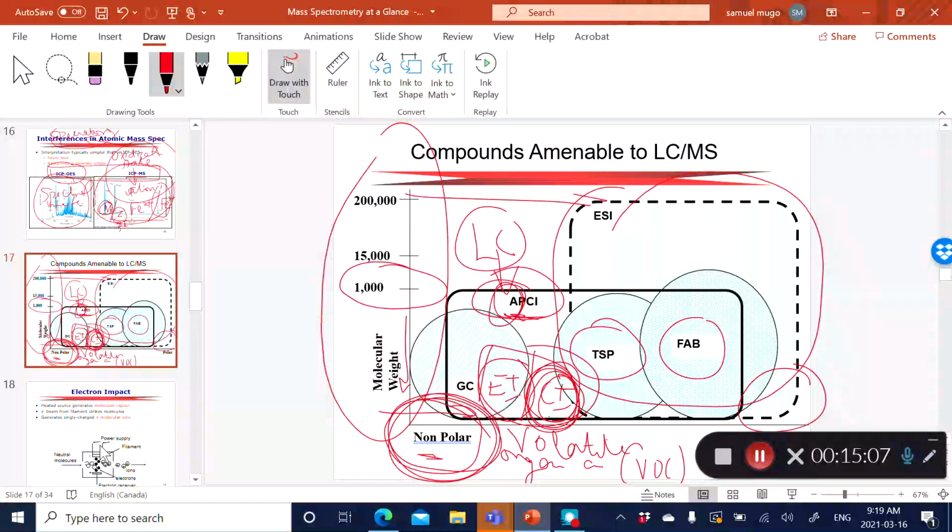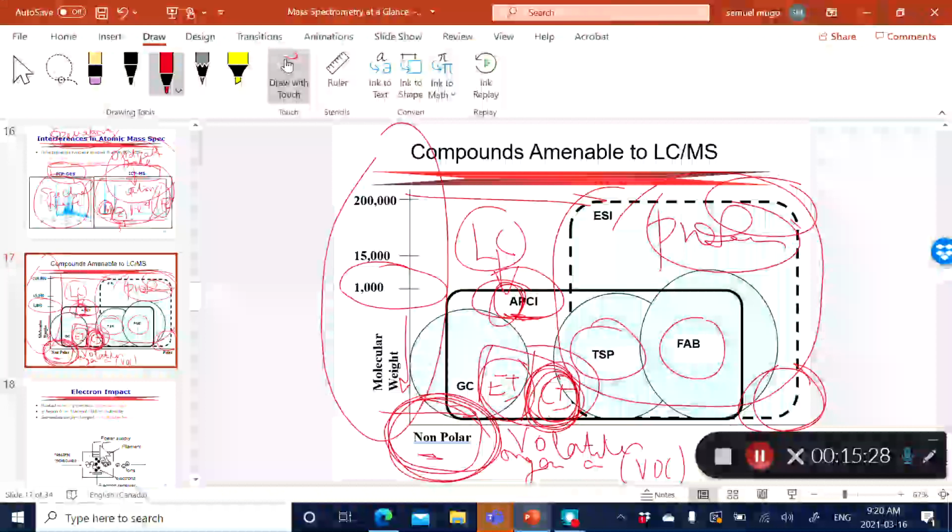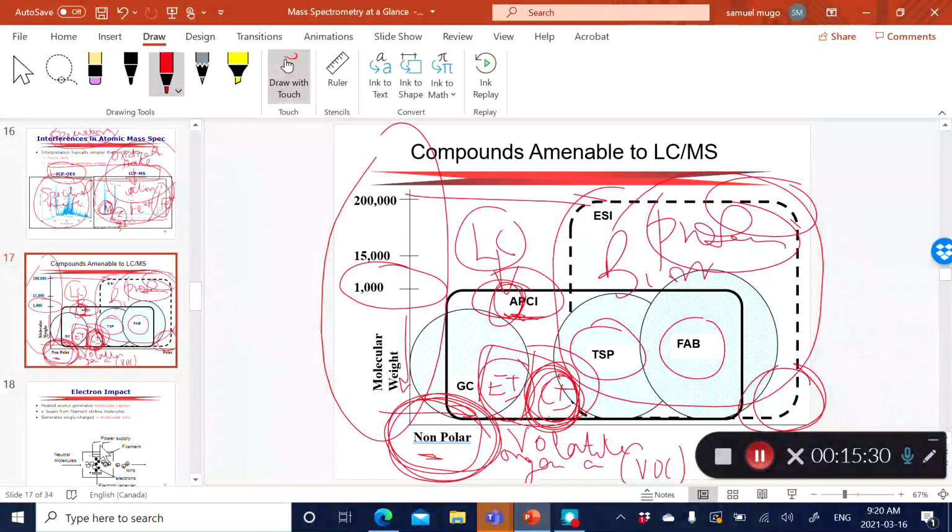So very important for things like urine analysis, small drugs analysis, analysis of proteins as well, and so on. So ESI, you're going to find, is becoming a very predominant ionization technique because of its wide applicability as far as analysis of biomolecules is concerned.